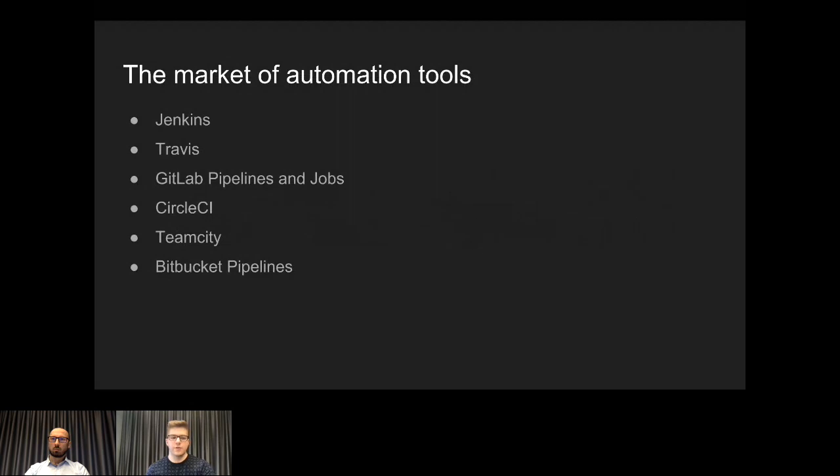We also have some other tools, however we didn't mention them because those are, I think, the common ones that the market uses. So as you see, we have plenty of options, and all of them have some advantages and disadvantages, so we need to be aware of that. And we want to show you why we chose Bitbucket Pipelines over other tools.